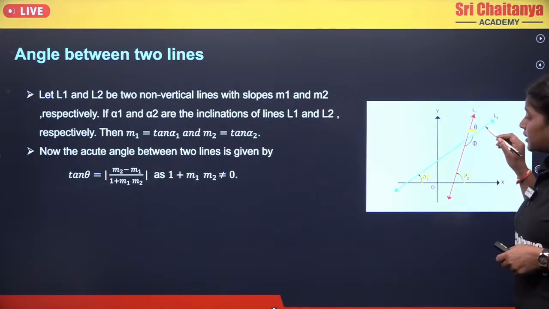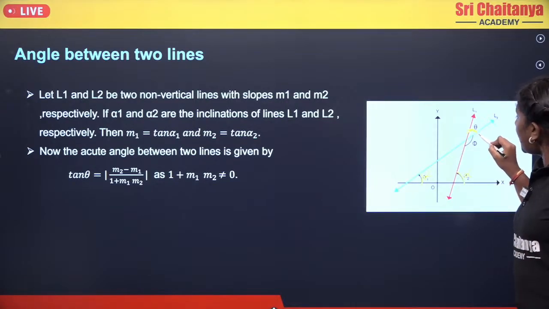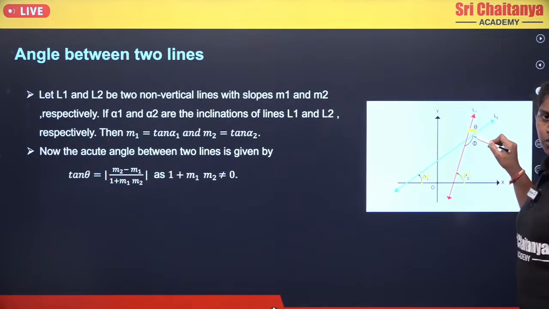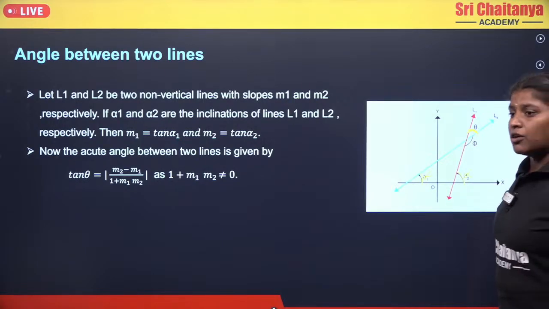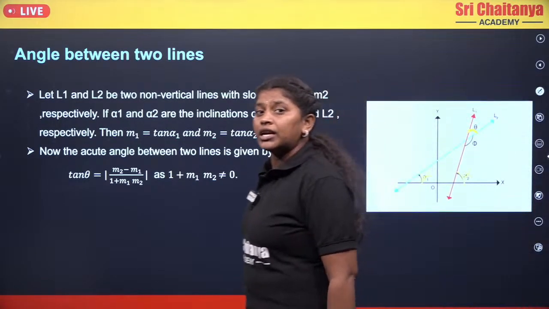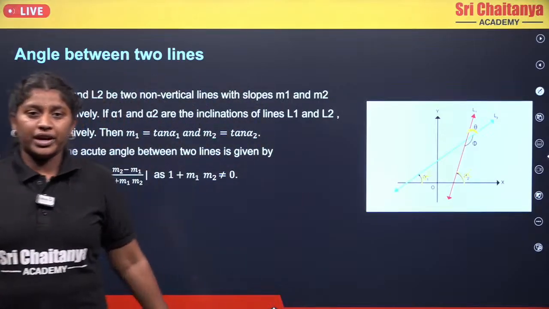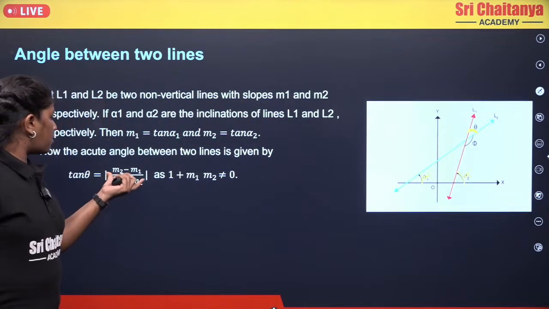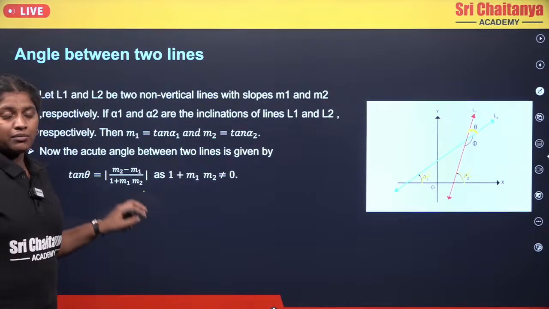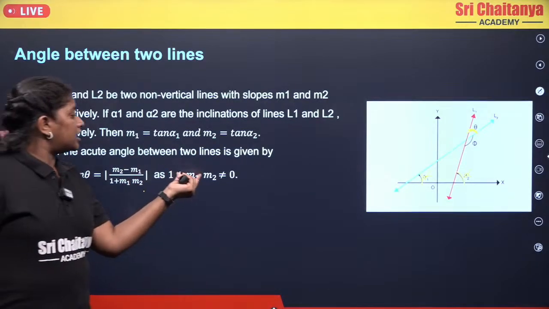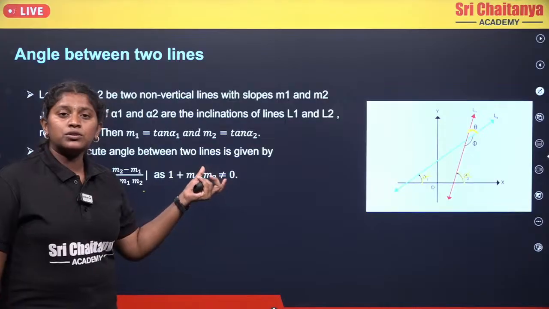If you observe clearly, theta is the acute angle between L1 and L2, right? And phi will be your obtuse angle. Now the acute angle between L1 and L2 is given by tan theta equals to modulus of m2 minus m1 by 1 plus m1 into m2, where the denominator should not be equal to 0.